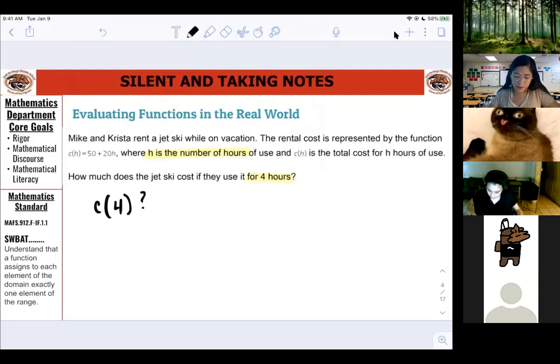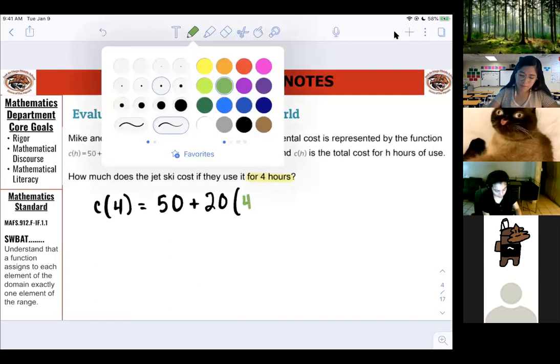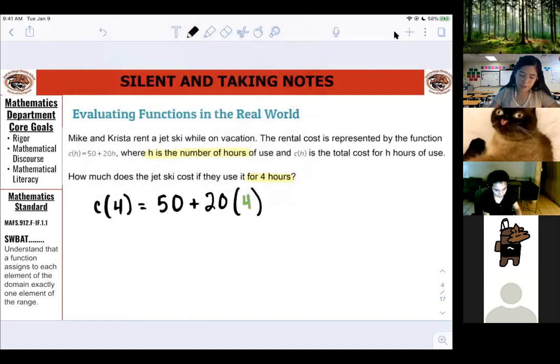So if I want to know what is C of 4, that means that I need to substitute the h with a 4. All I'm doing is taking my original function equation and replacing the h with a 4. So I need to multiply first.